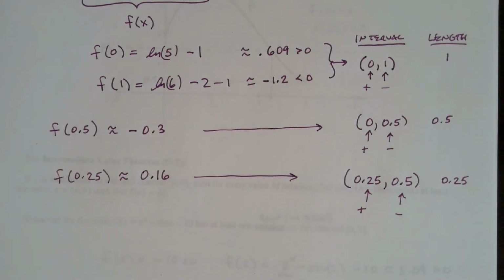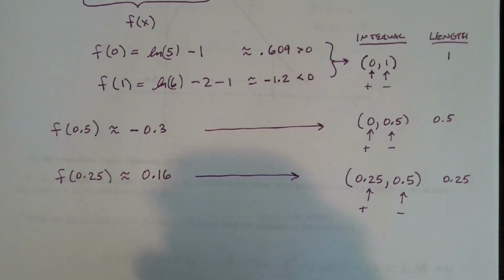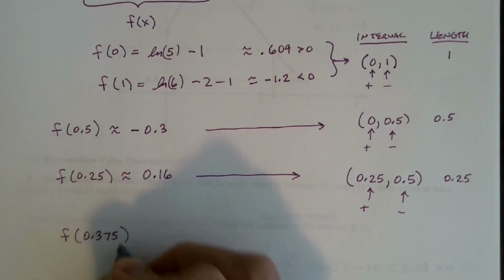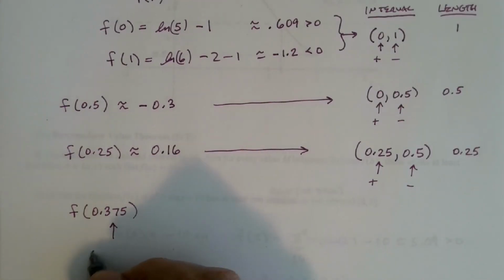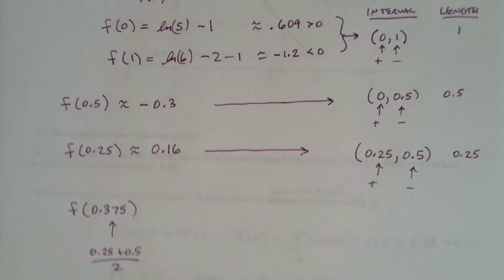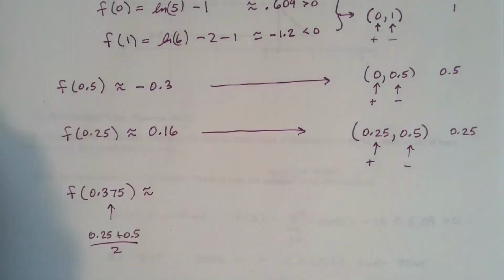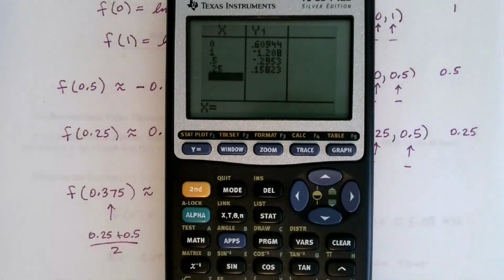And we're going to do one more. What's halfway between 0.25 and 0.5? That's 0.375, right? So again, that's halfway between, or the average of 0.25 and 0.5. Okay, what is the output when we plug in 0.375?